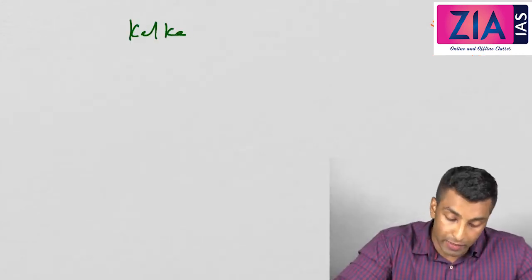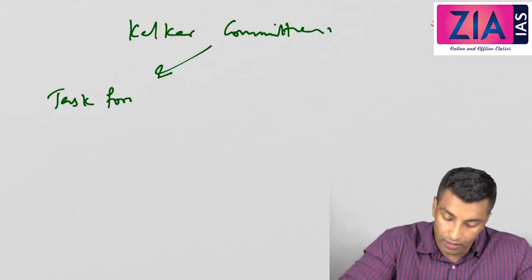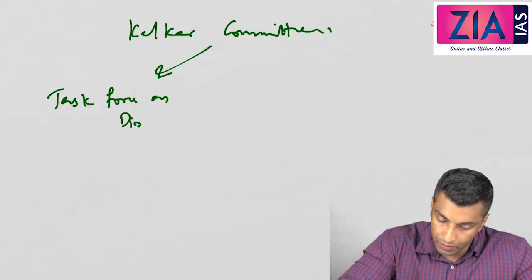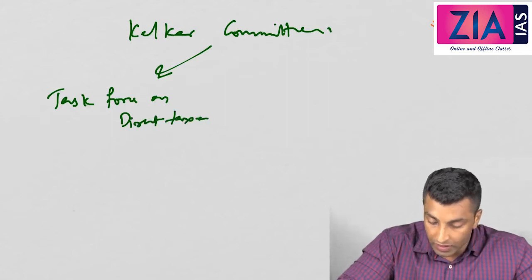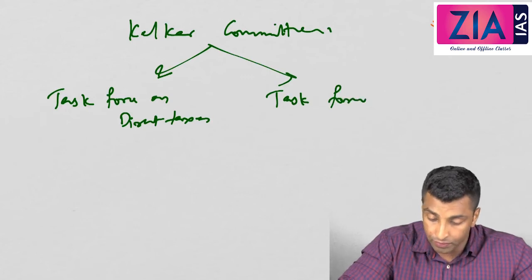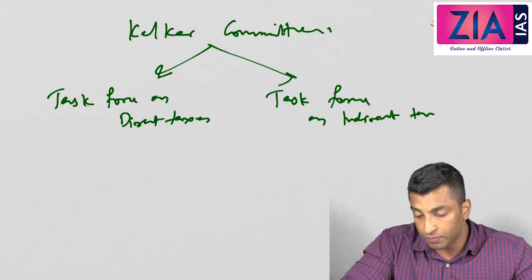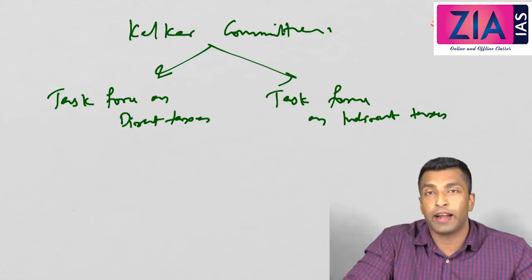And next is actually Kelkar Committee. Actually, two were there. I've already told you, that is task force on direct taxes, and then task force on indirect tax.